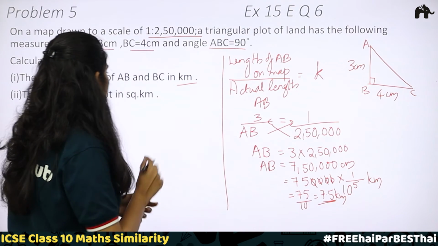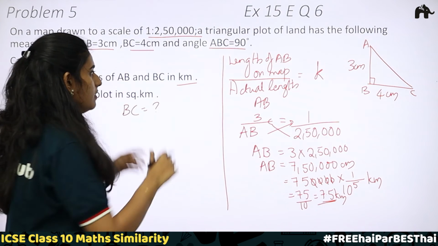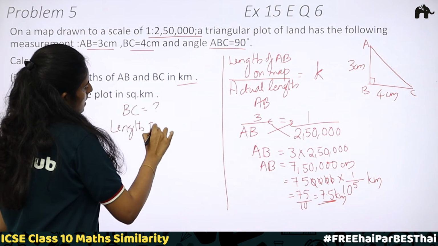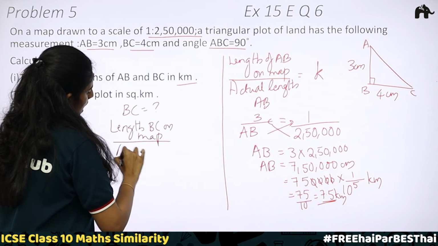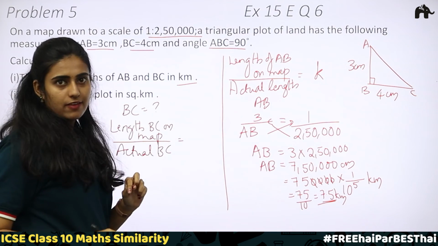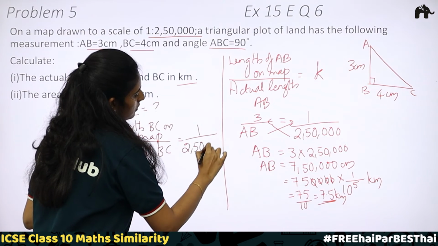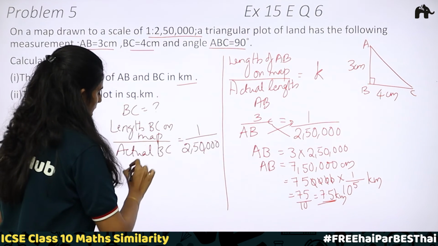Similarly, we need to find the length BC. How to find BC? We have length BC on map divided by actual BC is equal to the scale factor. Here the scale factor is 1 by 2,50,000. Put the values to get actual BC.